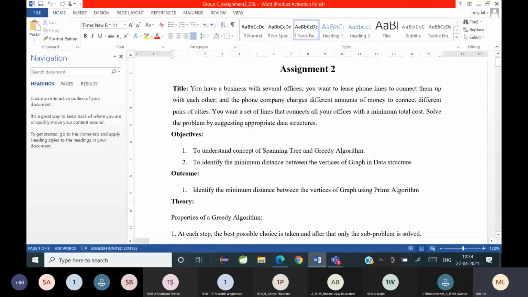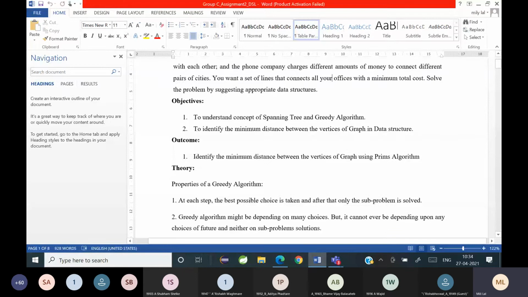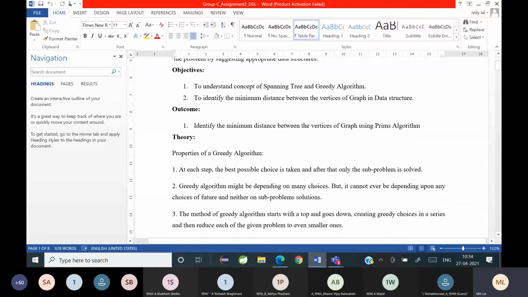Your aim is to select the connections with minimum total cost. That becomes an application of Prim's algorithm or minimum spanning tree. The objective here is that we have learned what a spanning tree and a greedy algorithm are, and now we'll identify the minimum distance between the vertices of the graph in the data structure.